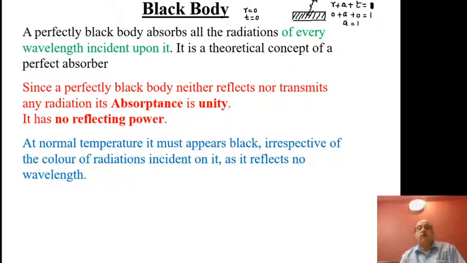So if we see this object from the other side, it will appear just black, because it has no reflecting power, irrespective of the color of radiation incident on it. Now this is the black body.